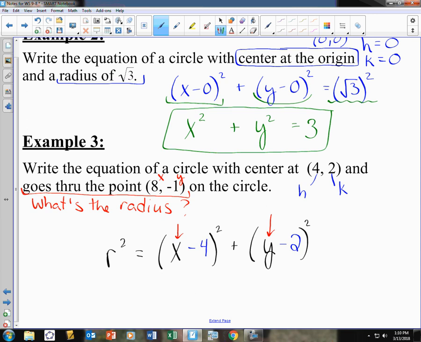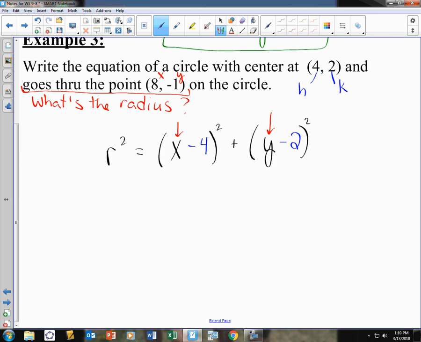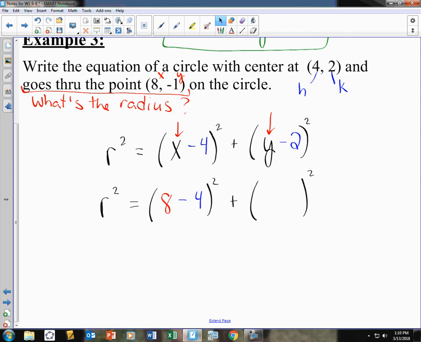So let's see, the r squared is what I don't know. Now this parenthesis is going to end up being an 8 minus a 4, and then plus, the y parenthesis is going to be a -1 minus a 2.